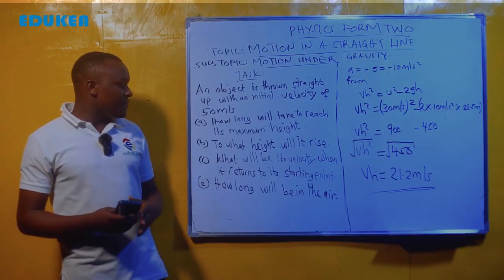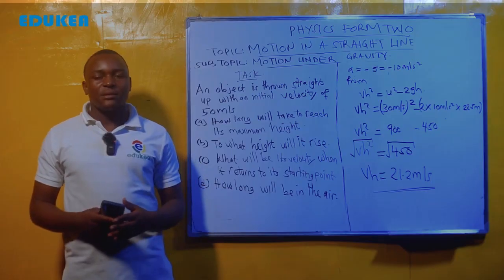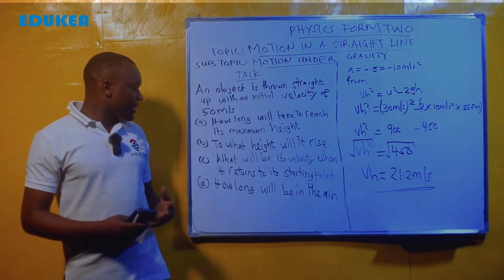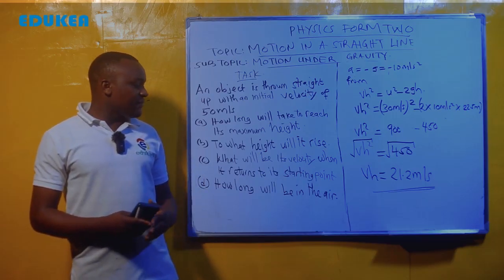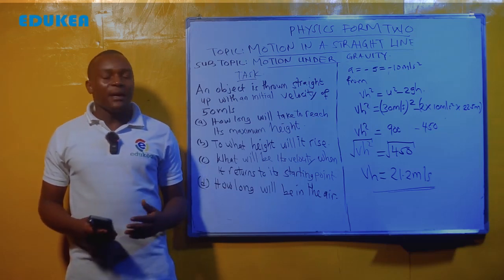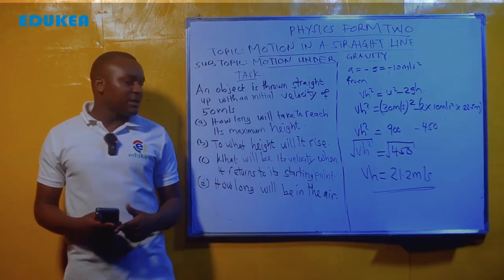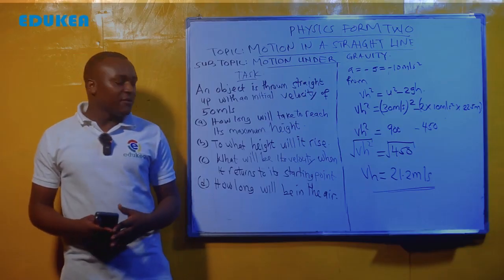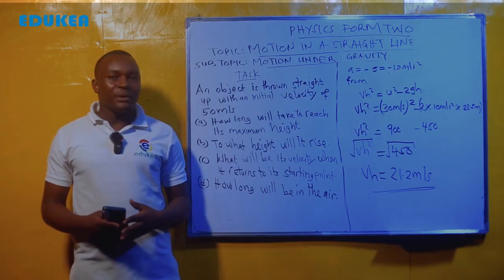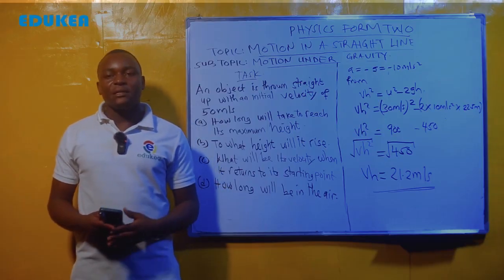Part B, to what height will it rise? In that part you will find the maximum height, but also what will be its velocity when it returns to its starting point. The last part is how long will the object be in the air?